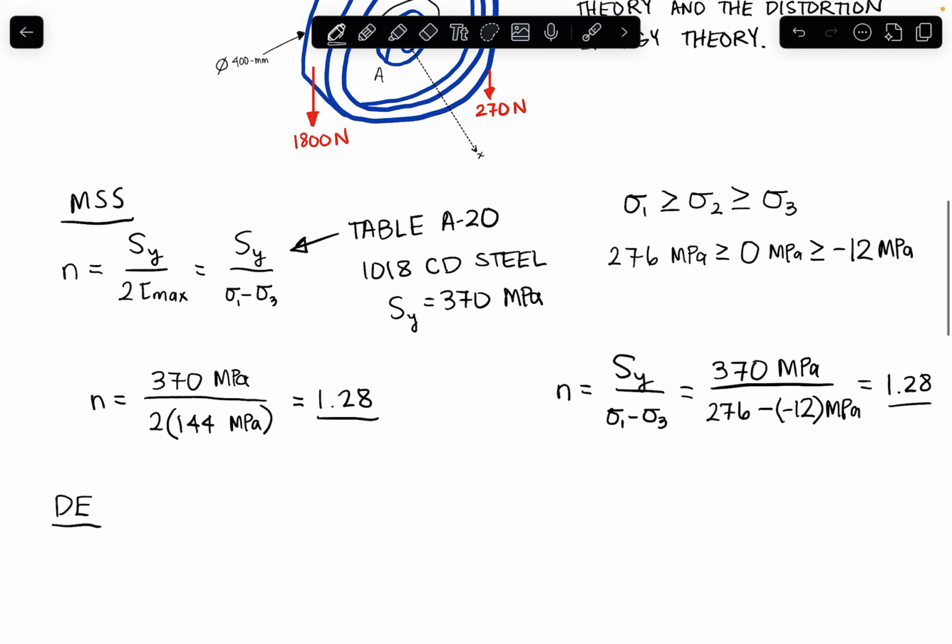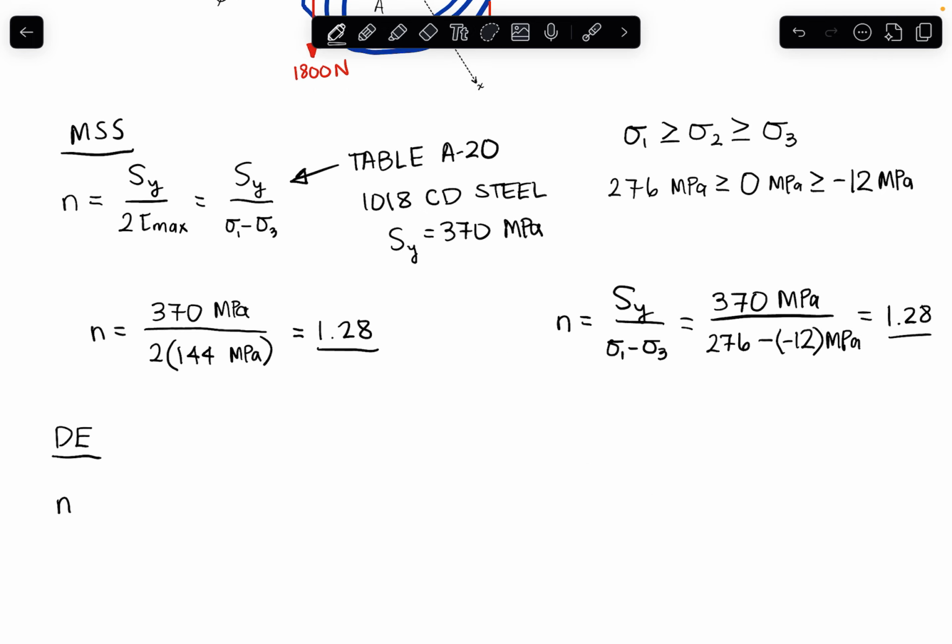And to do that, we're going to need the equation for this distortion energy theory, which tells us that our safety factor is equal to the yield strength divided by sigma prime, where this sigma prime, remember, is our von Mises stress, and there's a couple different forms of that equation. But this yield strength is going to be exactly the same as the yield strength that we used for the maximum shear stress theory. That doesn't change.